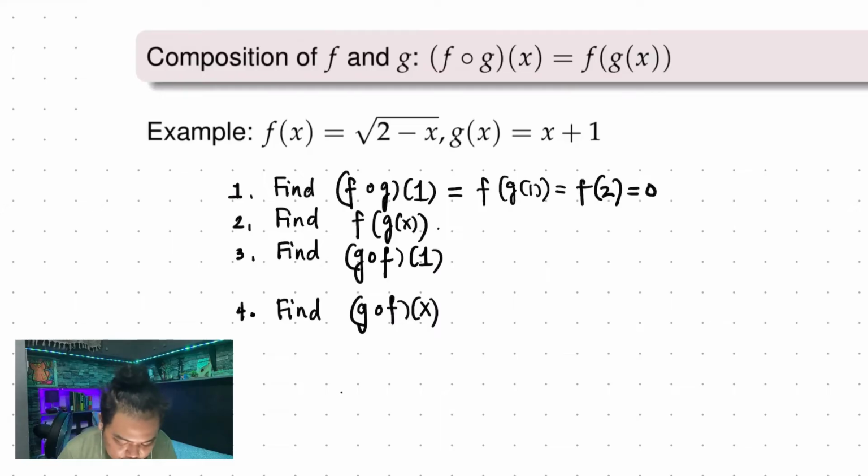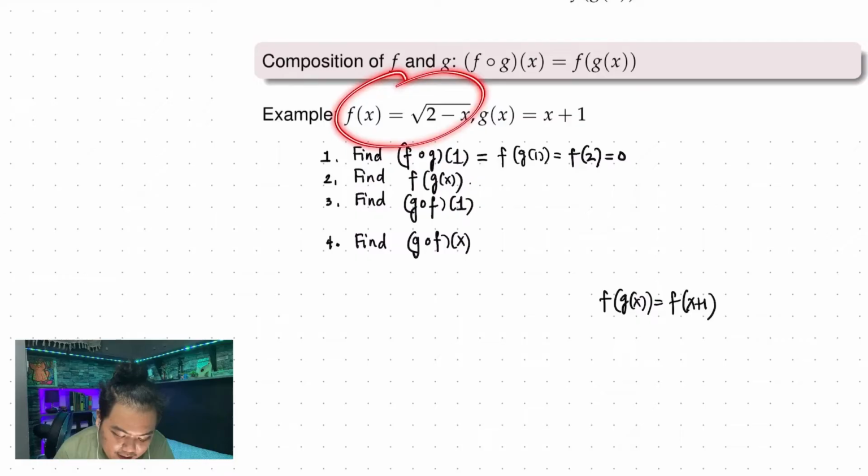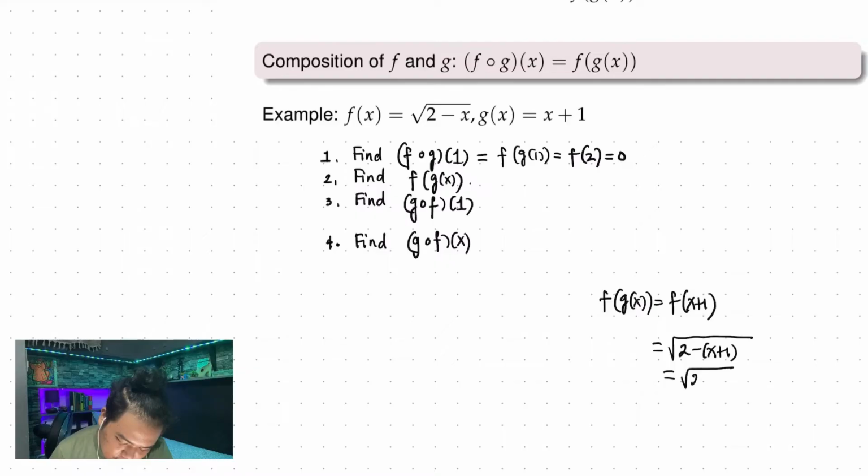So, what is f of g of x for number 2? Dito na lang kasi baka matakpan ko. What is f of g of x? F ng x plus 1. So, dito sa f mo, lahat ng x papalitan ng x plus 1. Which is square root ng 2 minus x minus 1 or square root of 1 minus x.